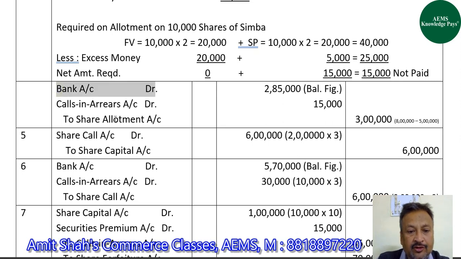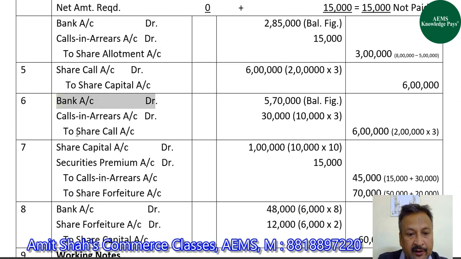Here, bank account debit to share allotment account. Okay, this we have done. Then bank account debit to share call account with rupees 5,70,000. Correct?